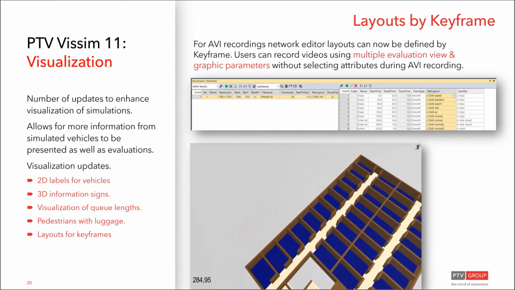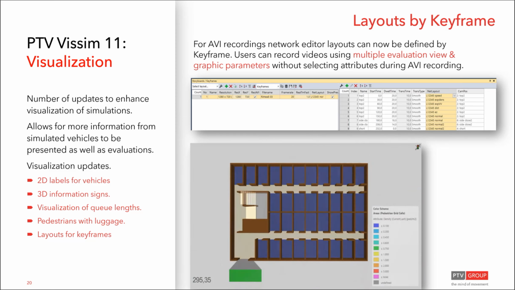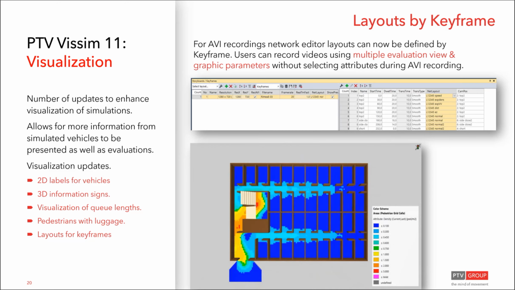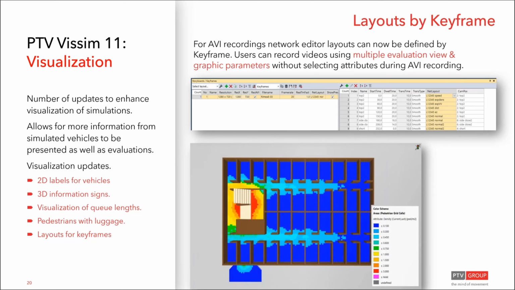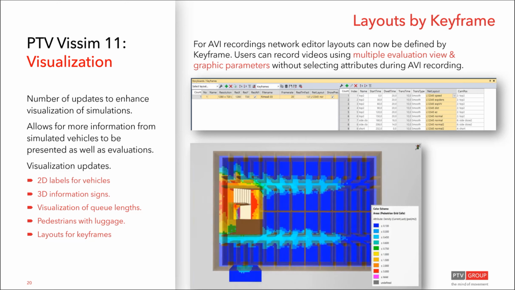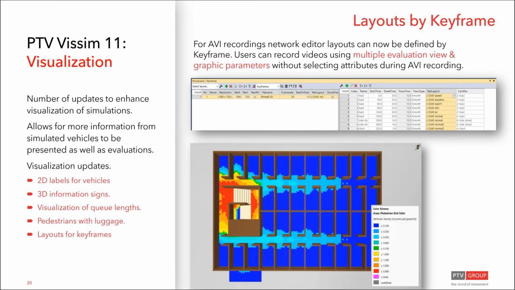So it gives you a lot more control about the data that you'd like to present, and demonstrating actually building a storyboard of your AVI recording, demonstrating exactly the information that you want to present and how you can cycle through those things as well.